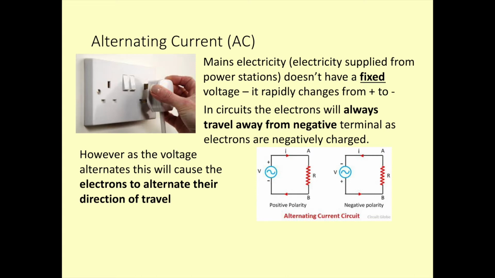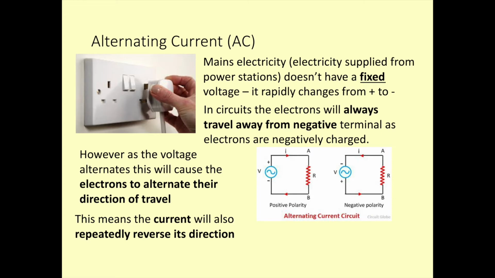You'll notice that here it's positive on the top, but on this one it's negative on the top. We've got our current given the symbol I, in different directions depending on the polarity of our power supply. So the current is going to be repeatedly reversing its direction whilst AC is being supplied.